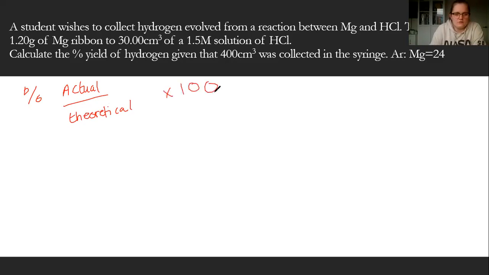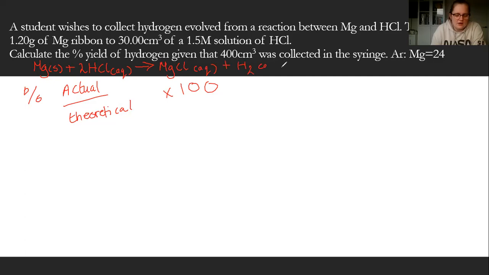So we're going to need that balanced symbol equation from the beginning, so I'm going to write it out again. Magnesium, a solid, reacts with 2 moles of hydrochloric acid, an aqueous solution, and becomes magnesium chloride, again aqueous, and hydrogen gas, H2.